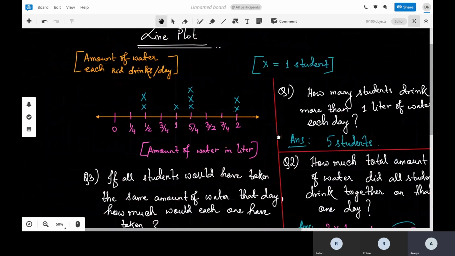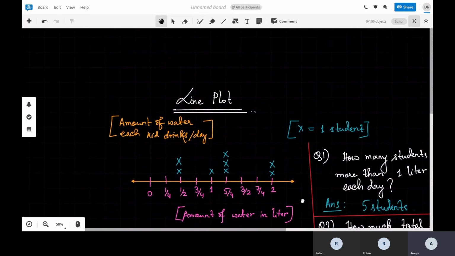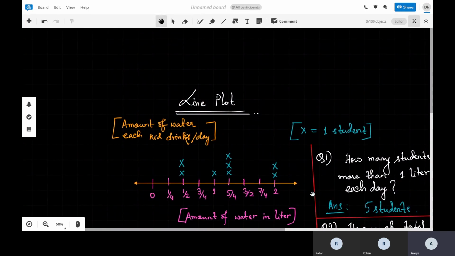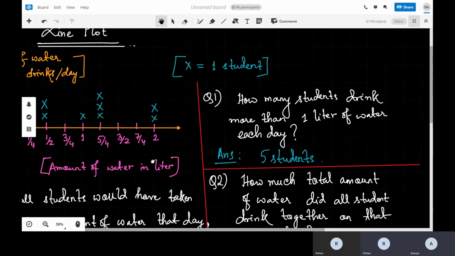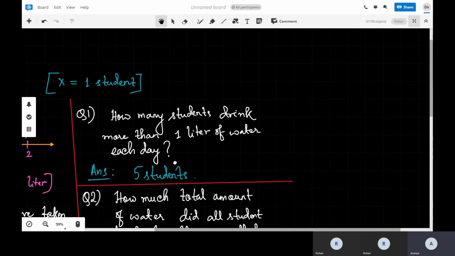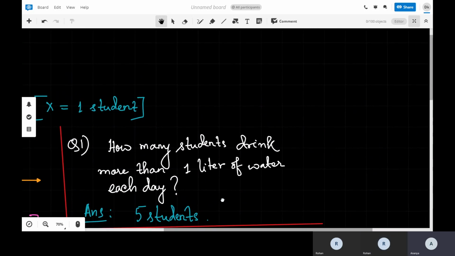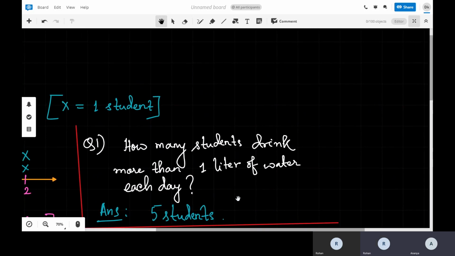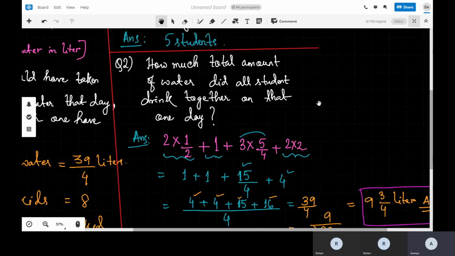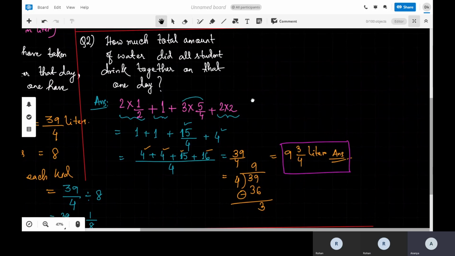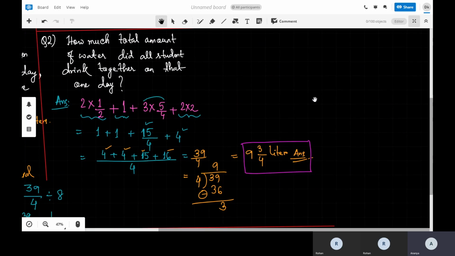First, take up only the line plot. Okay, I took a screenshot. Okay, fine. Next, take up the first question. Yeah, I took a screenshot. Okay, now take the second question.